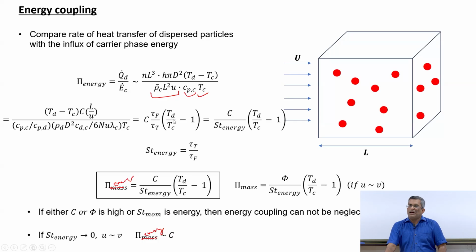But what happens if you have liquid droplets? Okay. Now imagine you have liquid droplets, or let's say water droplets, which are at 60 degrees, injected into an air flow which is at atmospheric temperature of 25 degrees. In that case, do you anticipate any problem with this analysis?